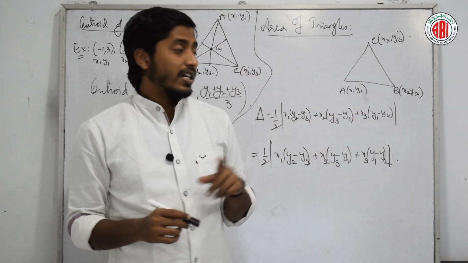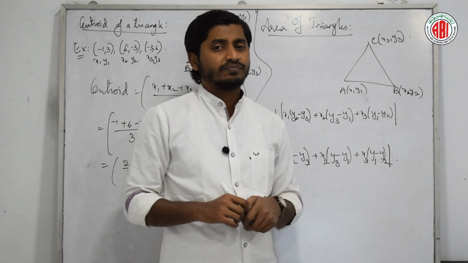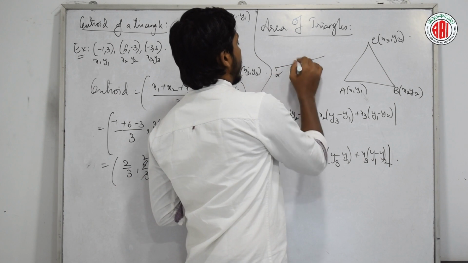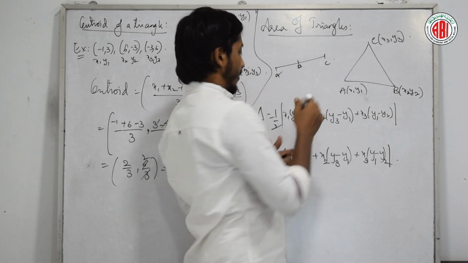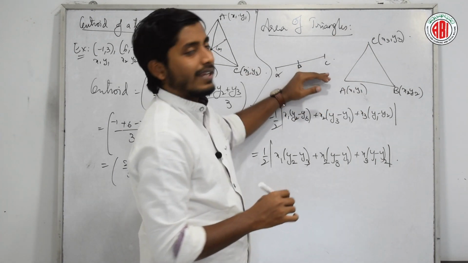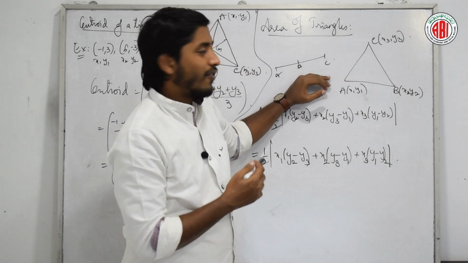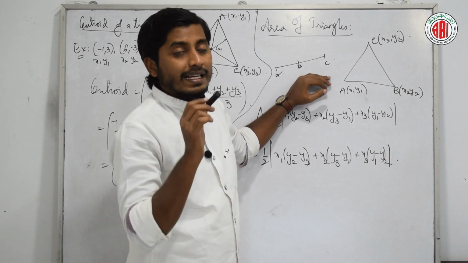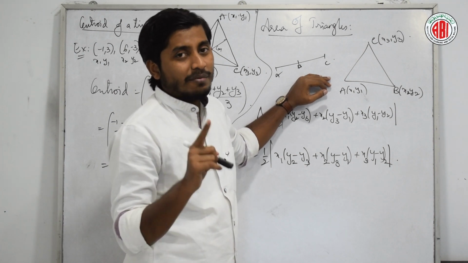And one more condition we have to remember is collinearity. Collinear means all 3 points lie on the same line. If all the points are on the same line, does it form any triangle? No, right? Therefore, area is 0. Just remember the condition.